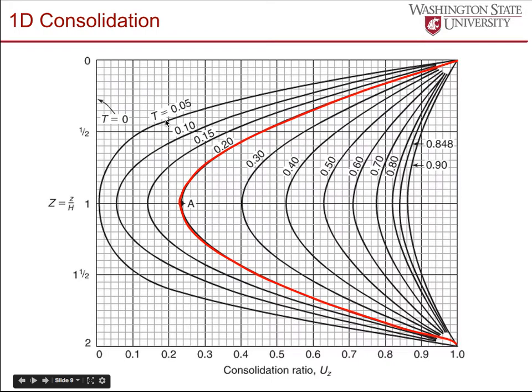Just notice briefly that time goes from 0 all the way to 1, so we're normalizing our time here. 0 is right at the initial condition, and as T goes to 1, the curve becomes straight up and down, which is where all the water that will exit has exited and returned. All the stress is now on the soil. As we look at this, let's figure out what these curves are.